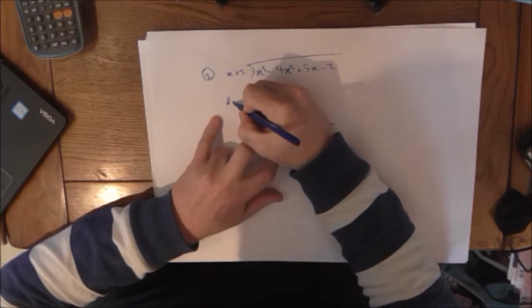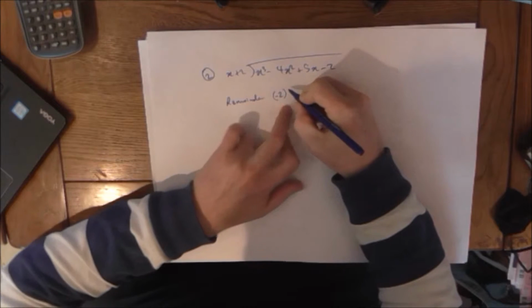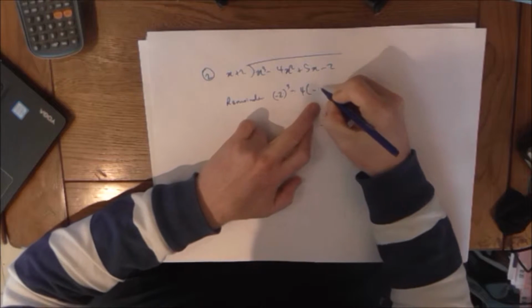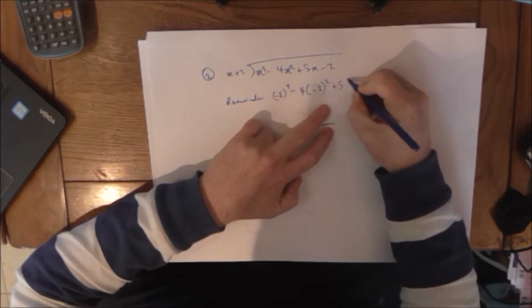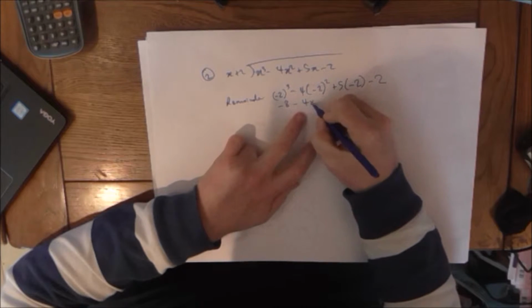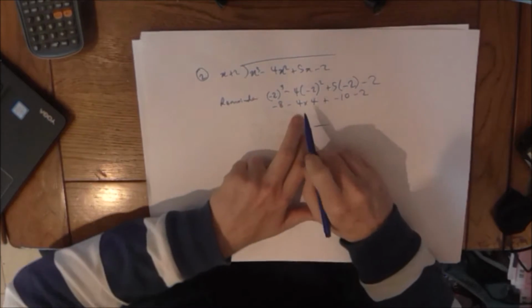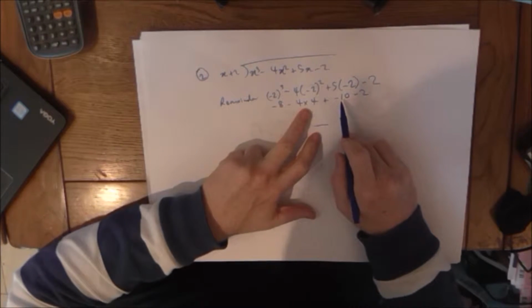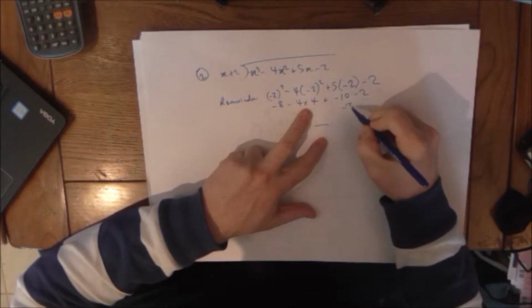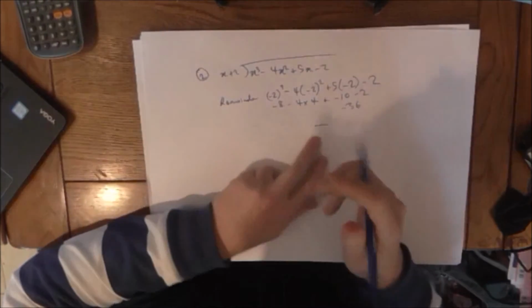So the remainder is, -2 makes this 0. So that's -24. I think that's -36. Yep, that's the answer to that.